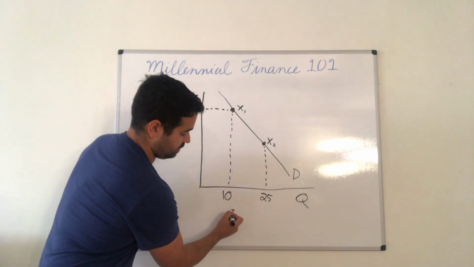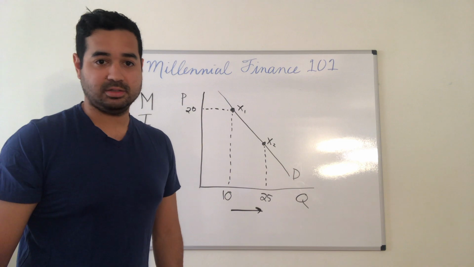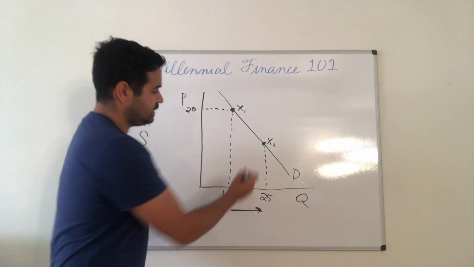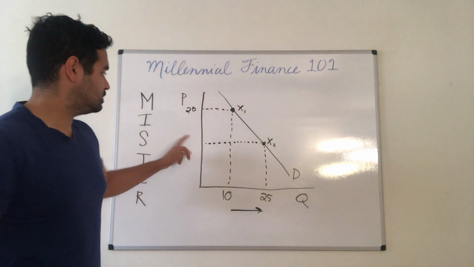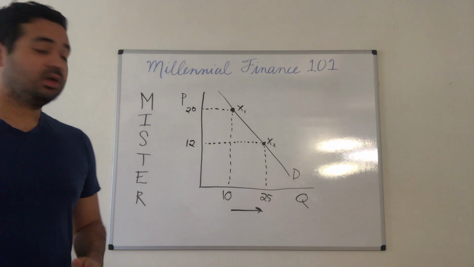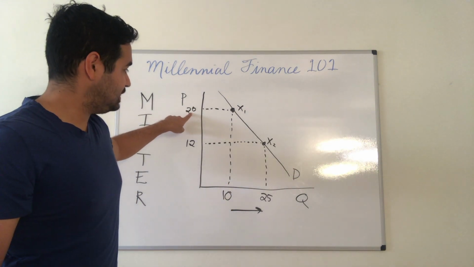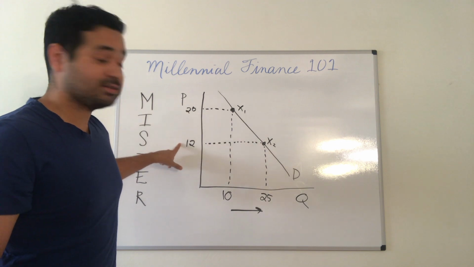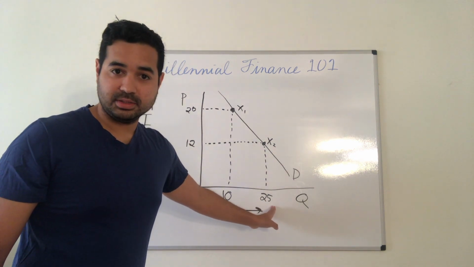The number will get bigger the further along on the horizontal axis you go. And now we'll say that the price for this one, let's say it's $12. This graph illustrates that if the price decreases from 20 to 12, the quantity demanded will increase.